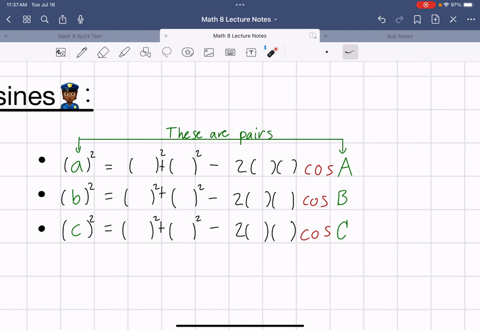Now what happens here, since we already are choosing one side, remember I said these all represent sides. So then these represent the opposing two sides. So if that's side A, there's going to be side B and C. If we don't have B, then that means we're just left with A and C. And if we don't have C, then that means it's going to be A and B. It's just the two opposing sides.